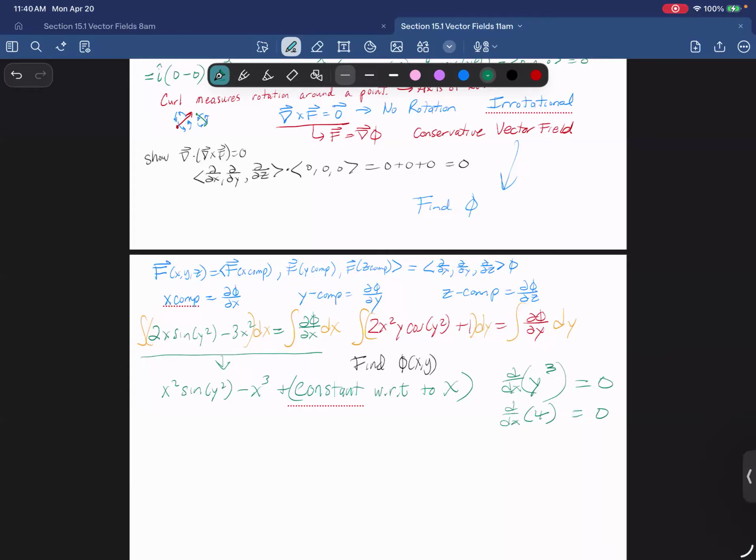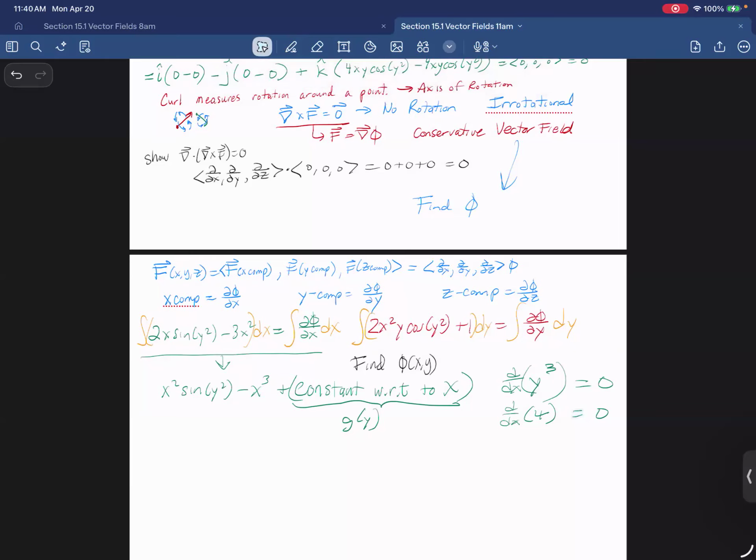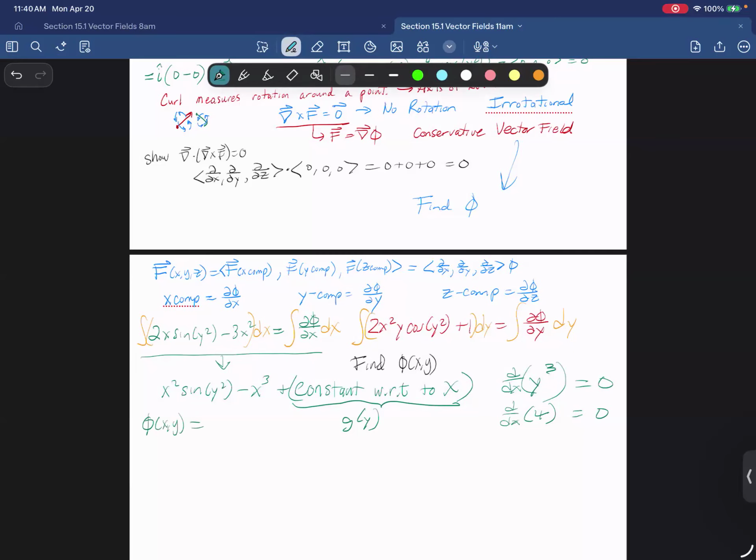So this constant with respect to x could be some function of y. So phi of x, y should equal x squared sine y squared minus x cubed plus some function of y.